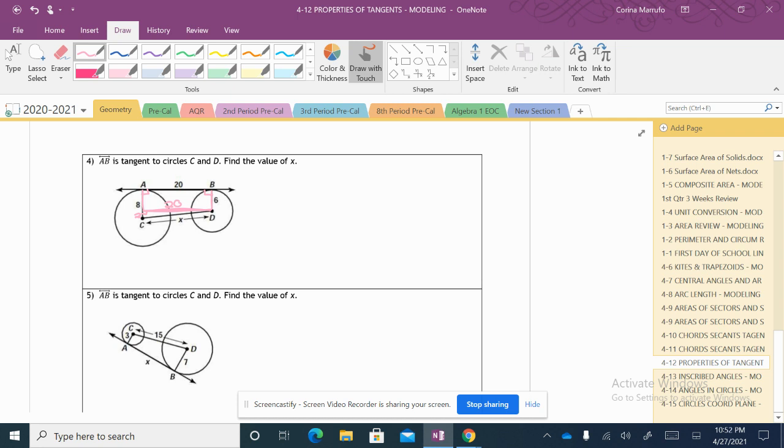And so all we got to do is a squared plus b squared equals c squared. So we do 2 squared plus 20 squared equals, this one's a slanted one, which is x squared. So 2 squared is 4, 20 squared is 400, equals x squared.